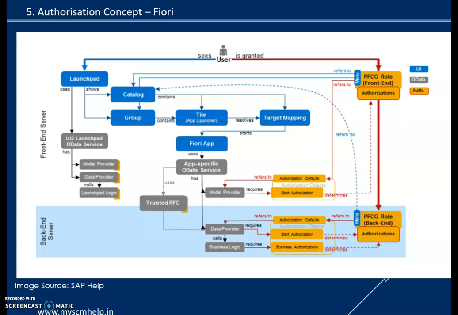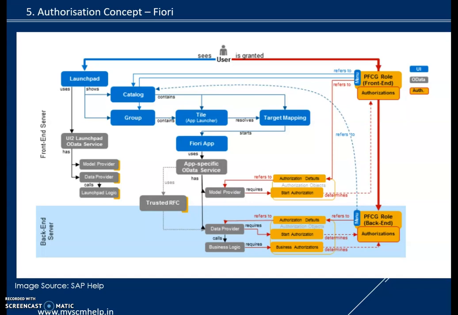So blue is for the UI. That consists of the launchpad, what we saw, that's for the Fiori, and it also consists of catalog and group, tiles, and also the Fiori app. We saw the launchpad, we saw the catalog, we saw the tile. Mapping, group, etc. is not available for us on the front end, but it's taken care of in the back end.